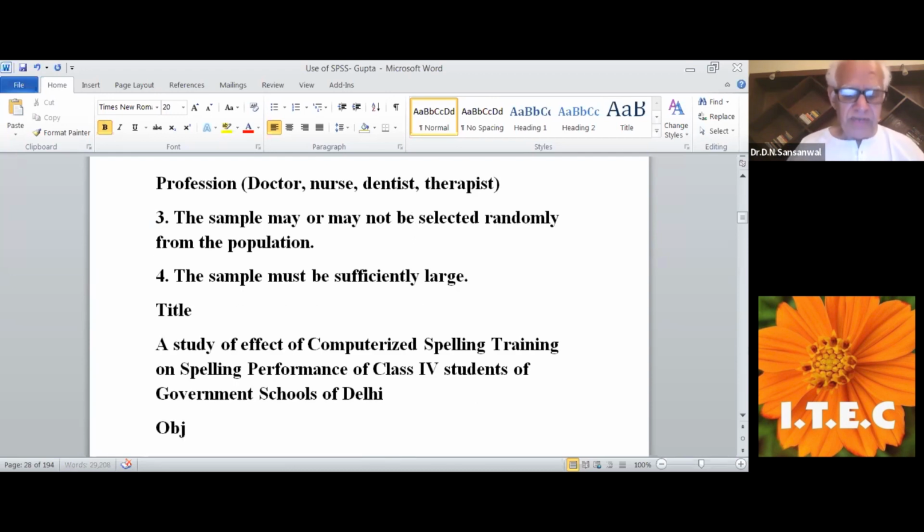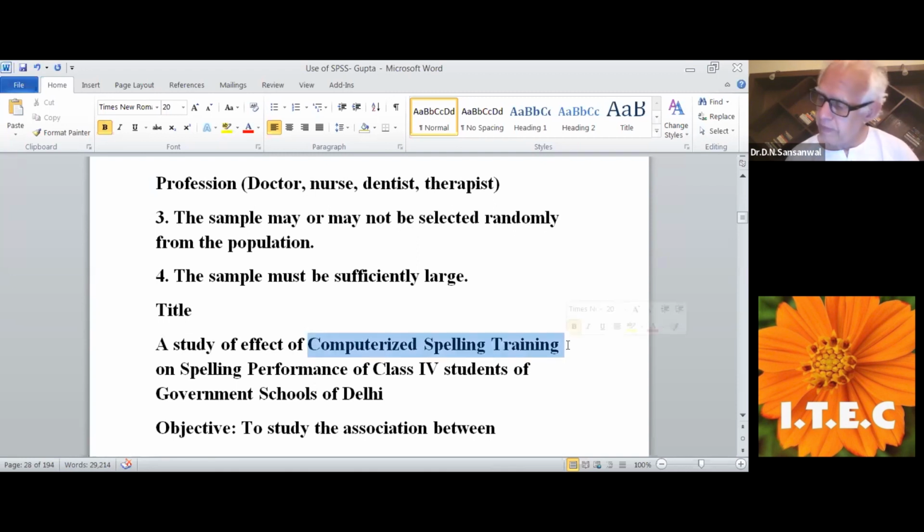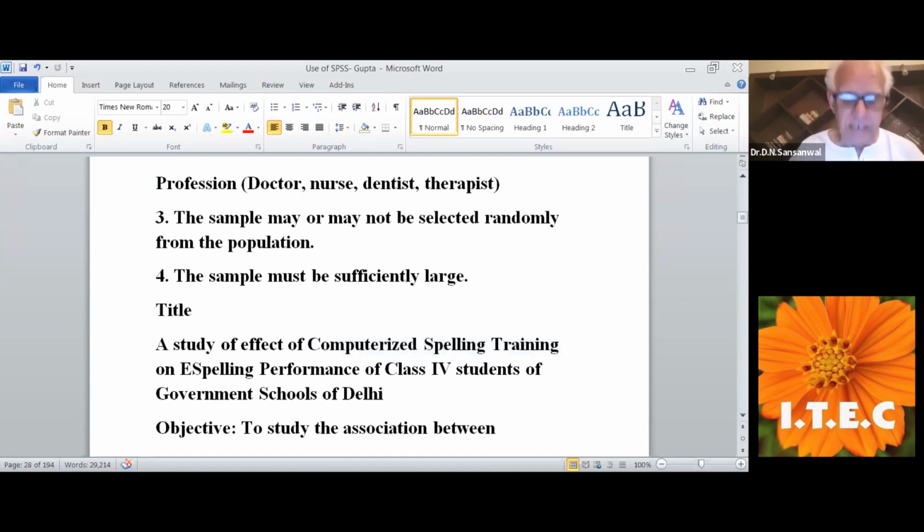Now I can have an objective something like this: to study the association between computerized spelling training and, if you want to see English spelling performance, then you can write English in that title.